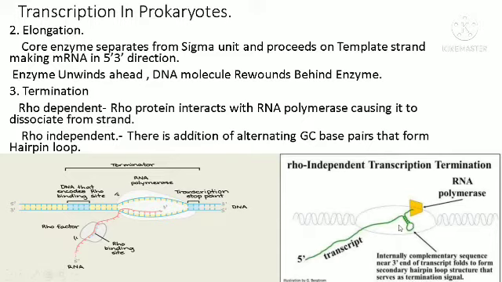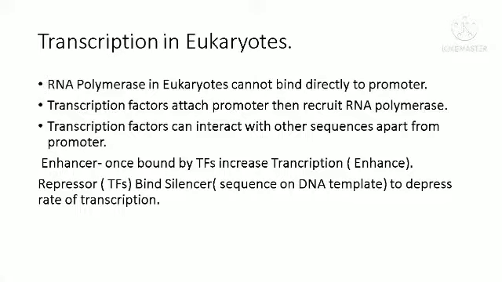Once they form that loop, the RNA strand that has been synthesized becomes stable, and enzymes come in and facilitate the dissociation of the RNA polymerase. This brings us now to transcription in eukaryotes.